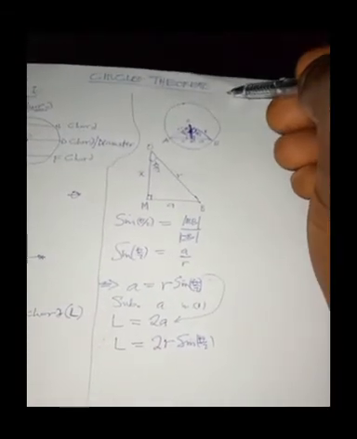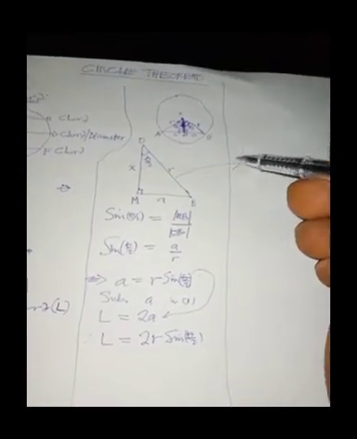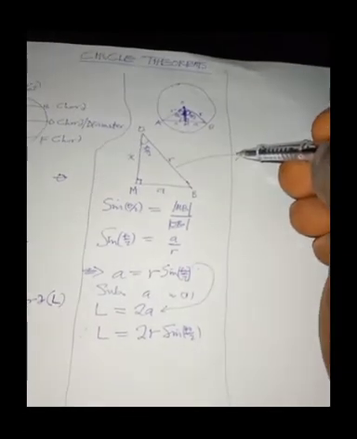Now let's see how we can calculate the distance of the chord from the center of the circle. In this figure, we can apply Pythagoras theorem.